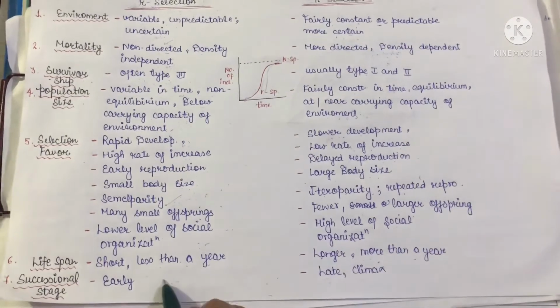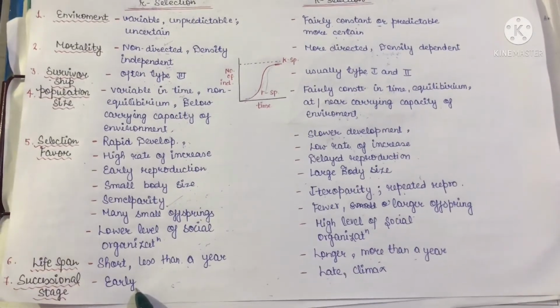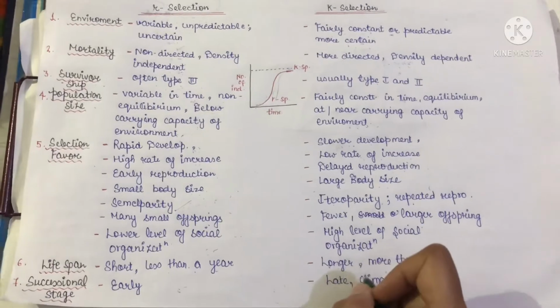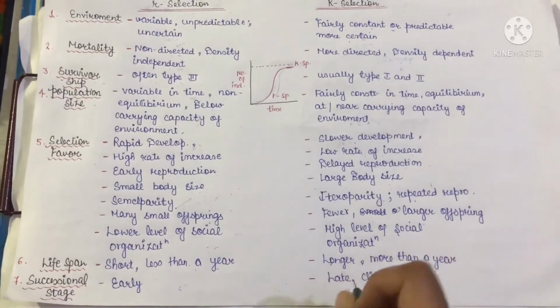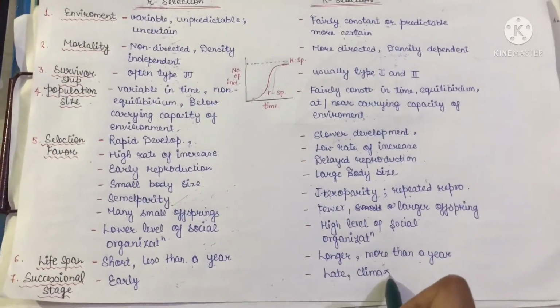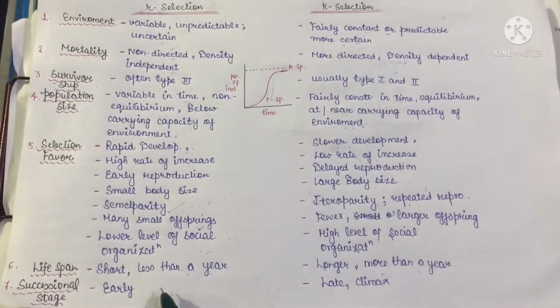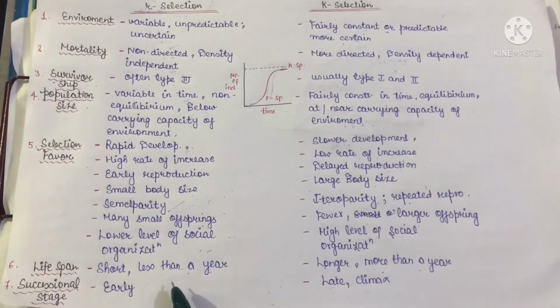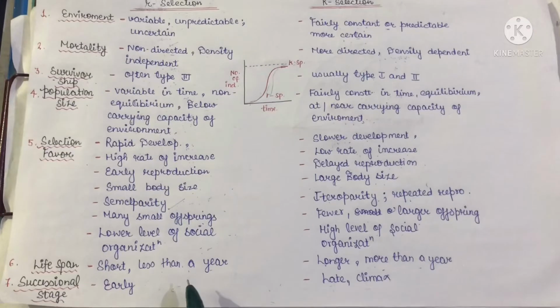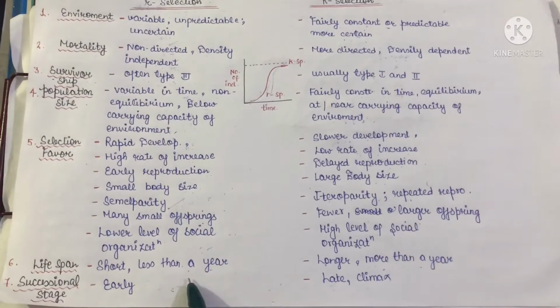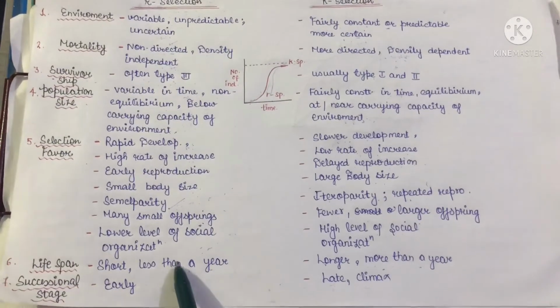And the successional stage of the R selected species is early, and the K selected species is late or the climax, right?